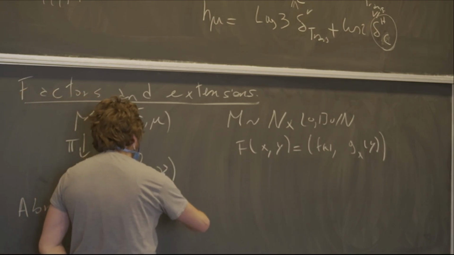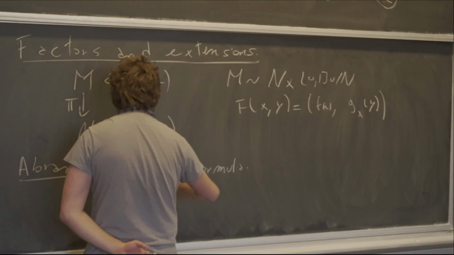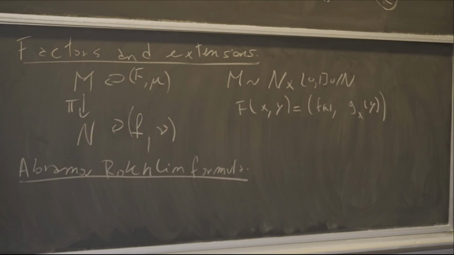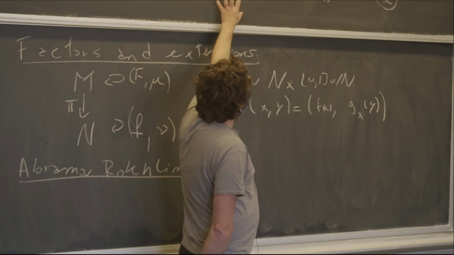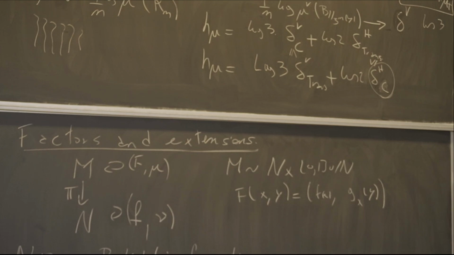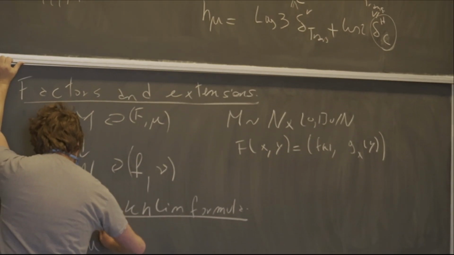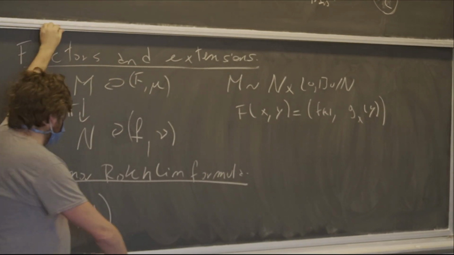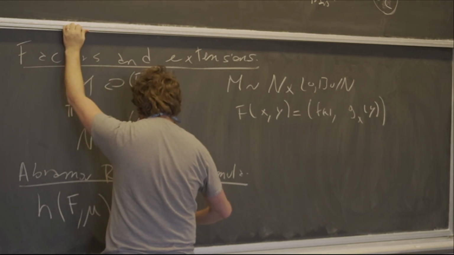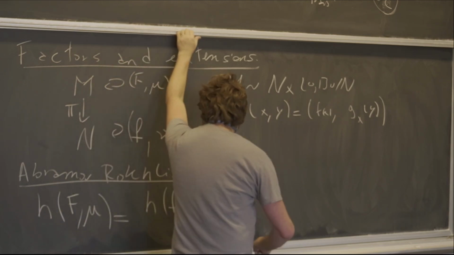Now, we have the Abramov-Rokhlin formula, which tells us a very important formula, which in a sense looks a little bit like the form that appears here, and is more or less what Alp was saying, which is that the entropy of F for mu is the entropy in the base plus the entropy in the fiber.